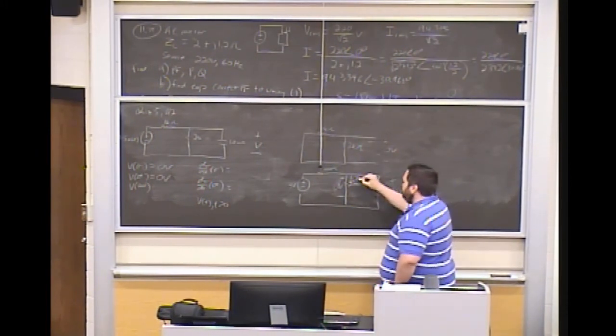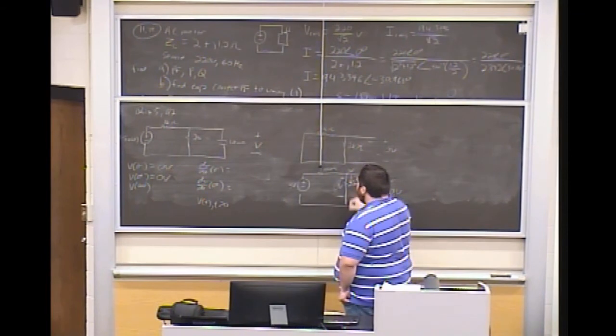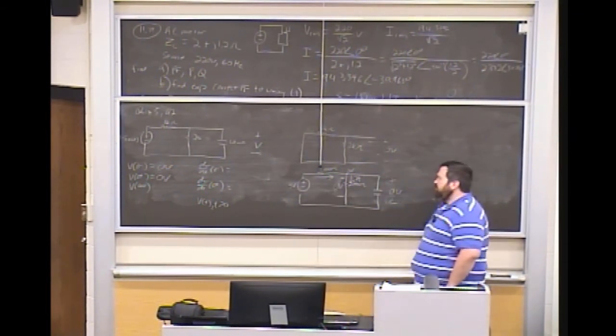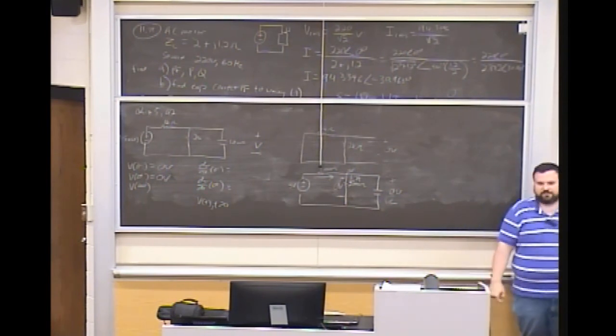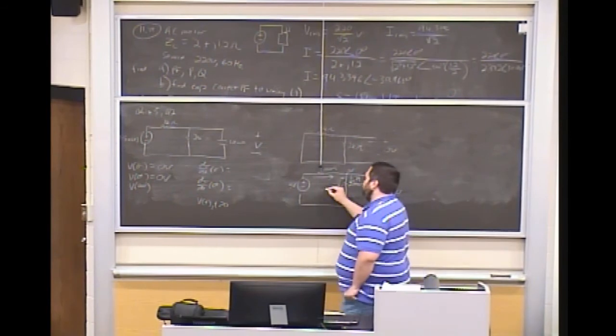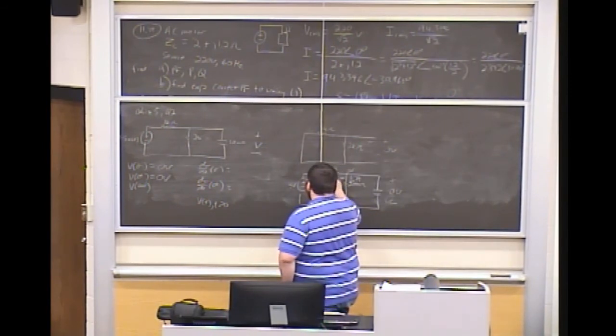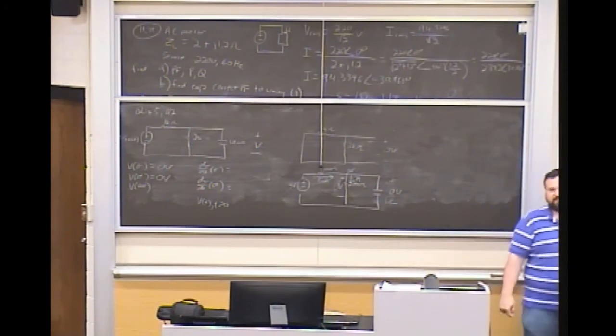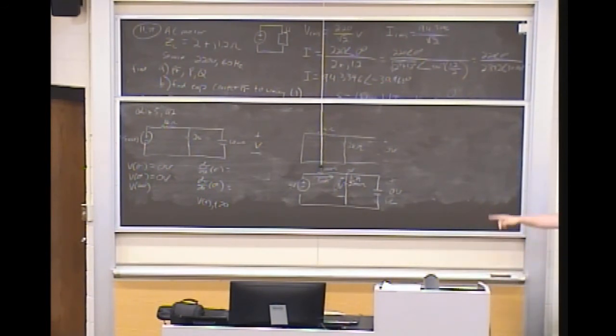And I have 0 volts right here. So now how much current do I have going through the 1K resistor? 5 volts divided by 1,000 ohms, better known by its street name, 5 milliamps. Okay? All right? 5 milliamps.